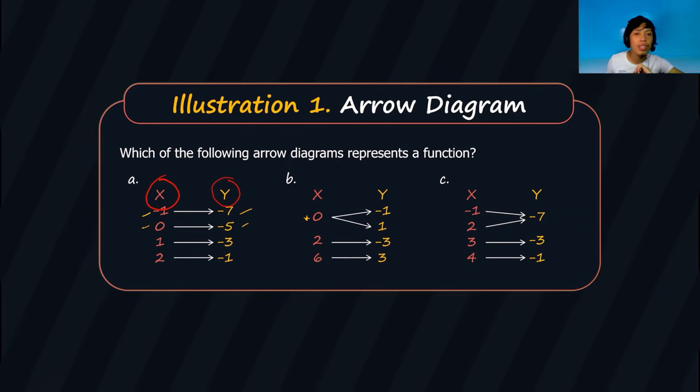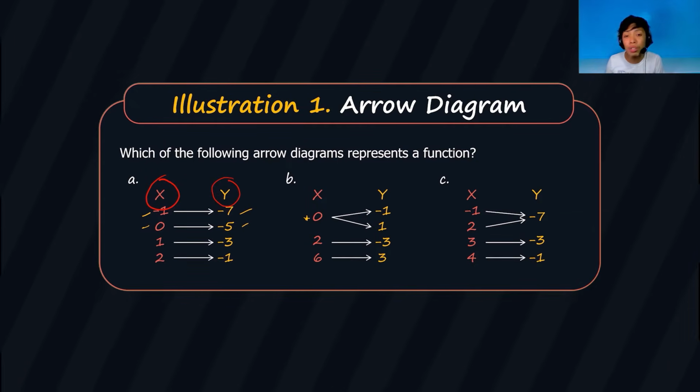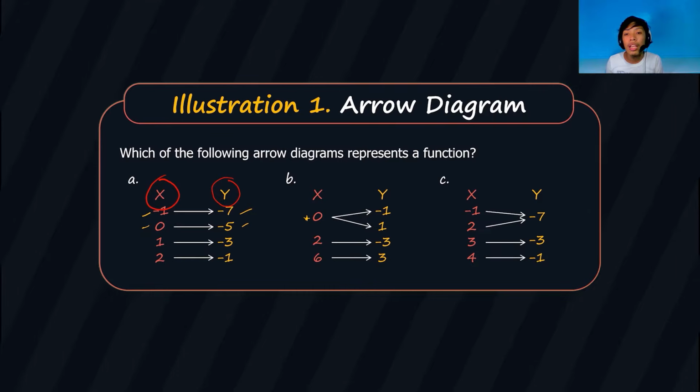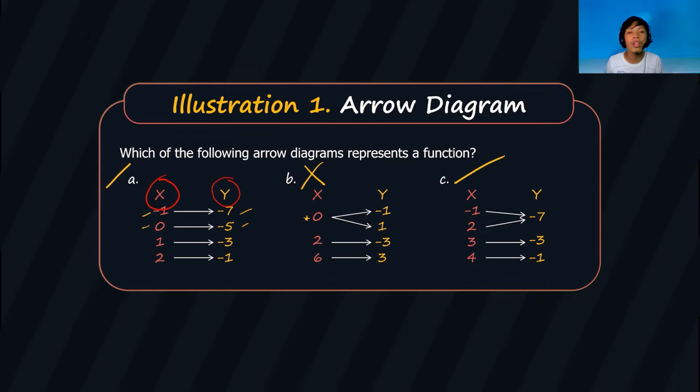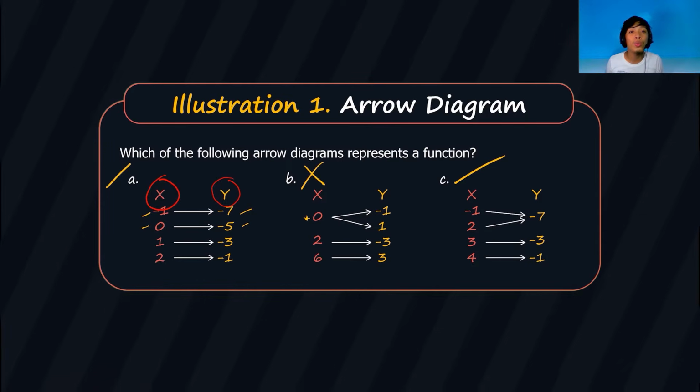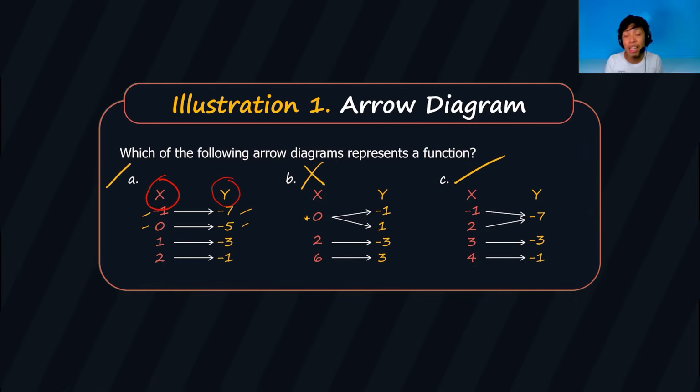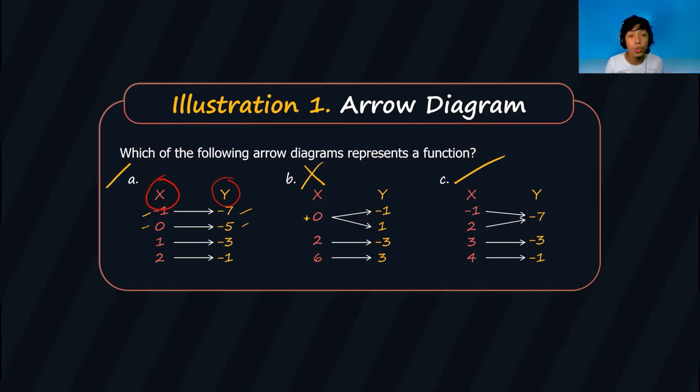So letter A is a function, letter B is not a function, and letter C is also a function. That's how you represent a function in terms of an arrow diagram.